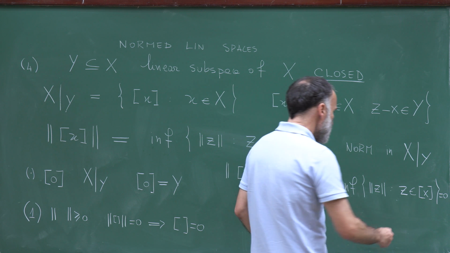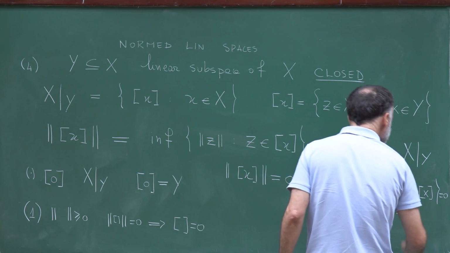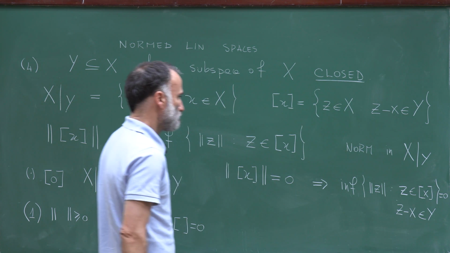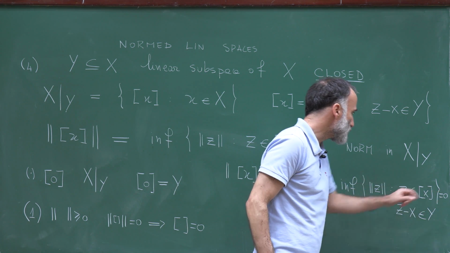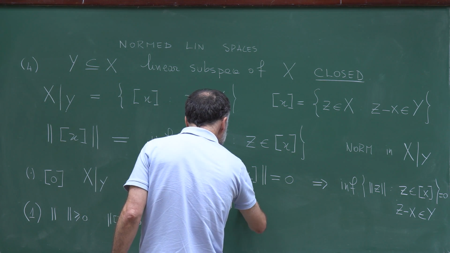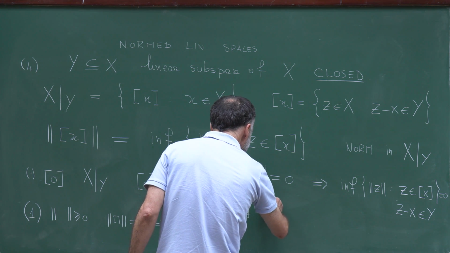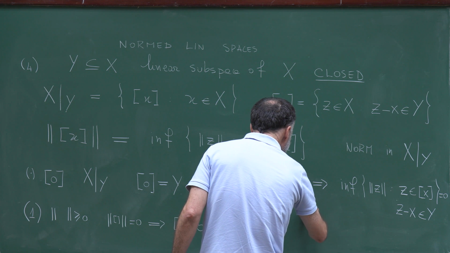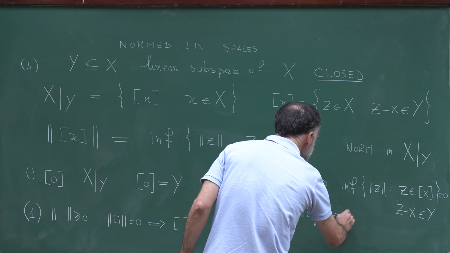But z belongs to x means z minus x belongs to Y. And if this infimum is 0, this means that we can find a sequence zj in my equivalence class x, such that the norm of zj converges to 0.